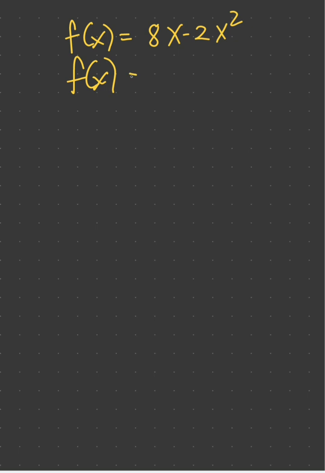Write down the equation of the axis of symmetry. Okay, the same equation, that is f of x equals 8x minus 2x squared, or we can write this as negative 2x squared plus 8x. They're just the same. So how do we solve for the axis of symmetry?